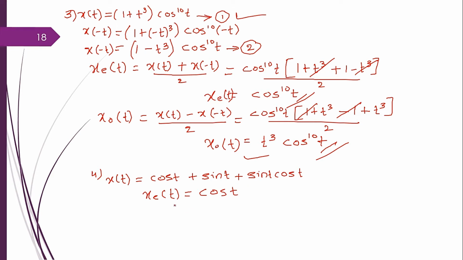Whenever there is a sine component, you can check it. I would rather suggest you to proceed with these formulas and come to the conclusion. So you can verify it later. So if the even component is cos of t, the remaining component of the given signal should be the odd signal. So I copy it as it is.